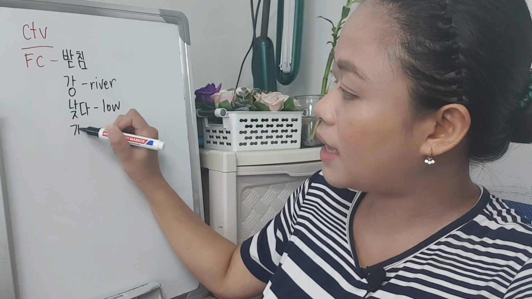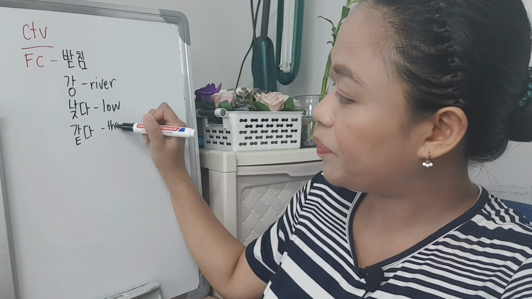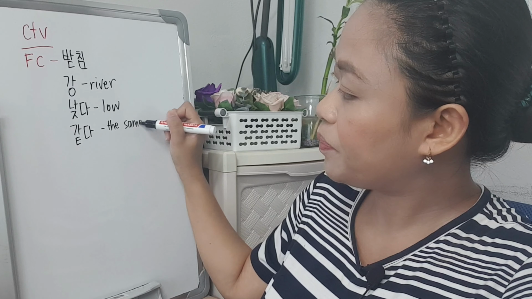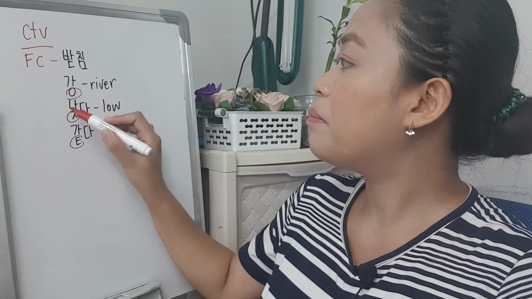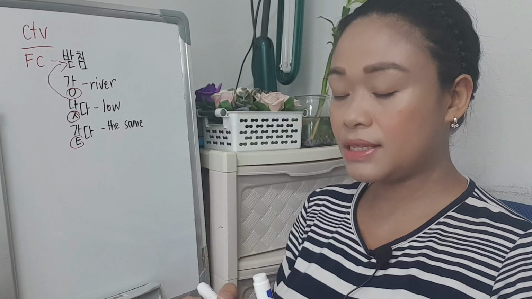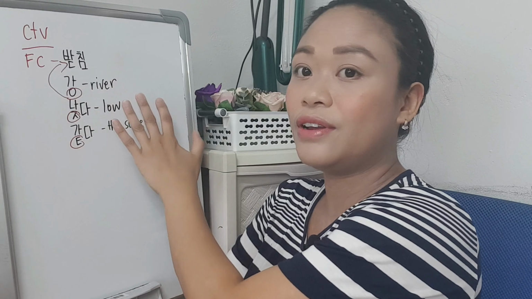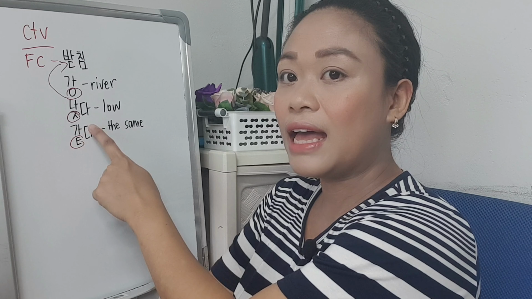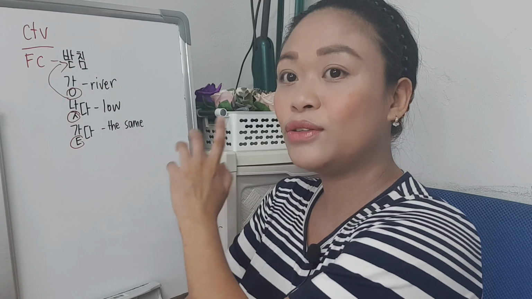And katta, same. The lower part is what we call the patchim. These are the final consonants. Kang, river. Natta, low. Katta, same.